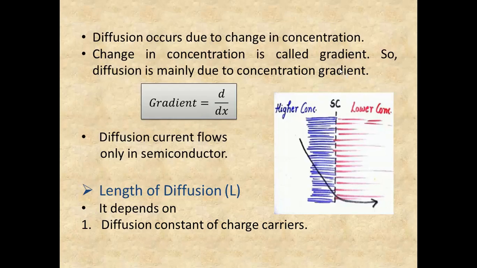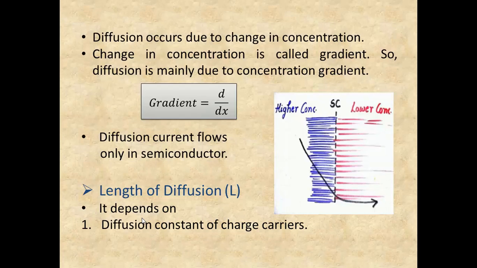Gradient is indicated like this in the block. And the diffusion current flows only in semiconductors. This is an exclusive statement you have to remember: diffusion current flows only in semiconductors and not in any other device.